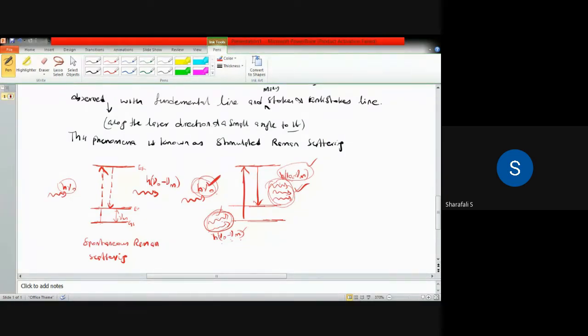So instead of the line which we give through lasers, this scattered light itself will be sufficient to produce the next scattering in this material, because it is of very high intensity. Okay, so then we will get additional lines along with this particular h nu 0 minus nu m.